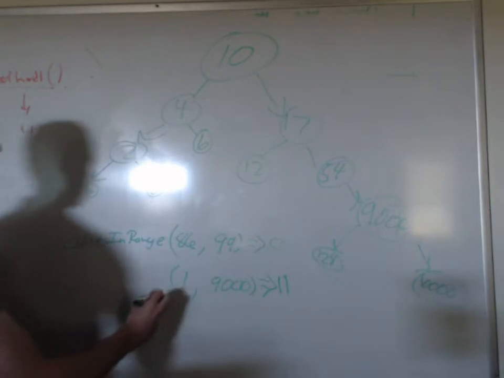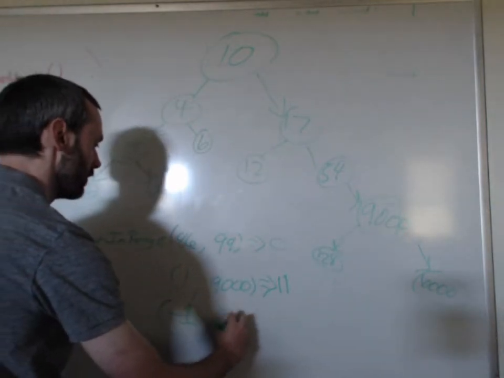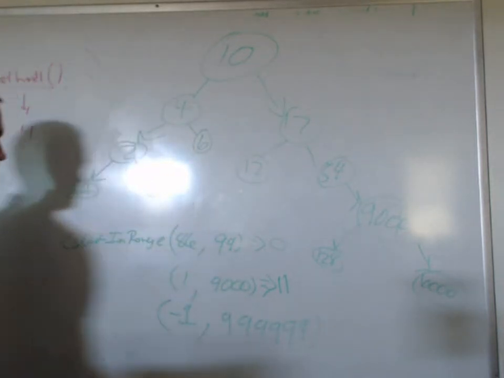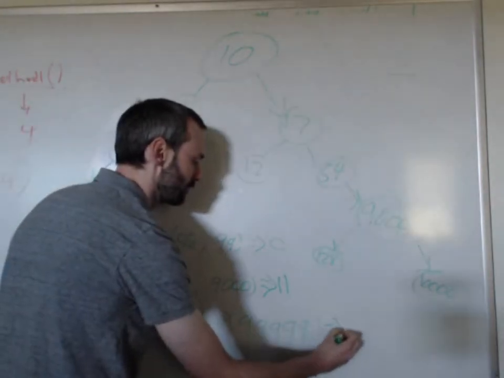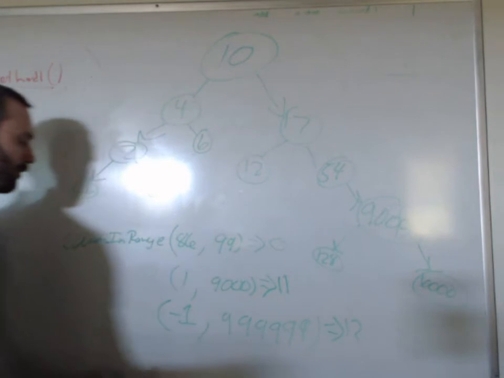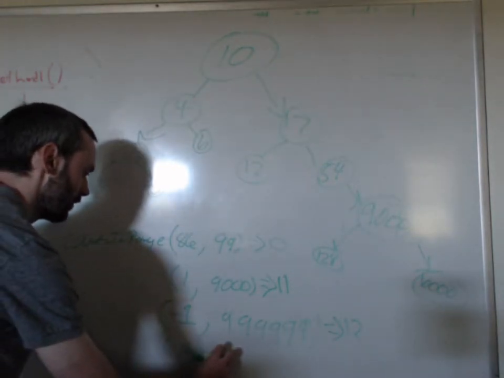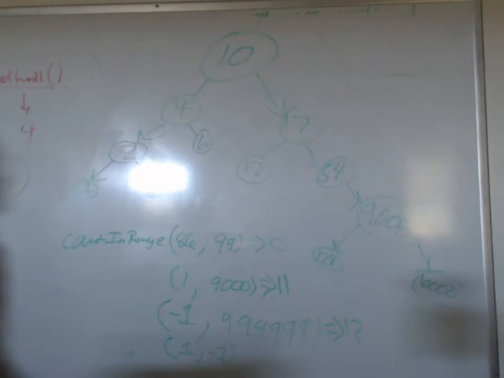You'll see what's happening. Obviously, I could also ask -1 and 9,999. 12. Sure, 12. And then your professor, of course, being the evil man he is, is going to pass 1 and -1. How many values do you get? 0? Right. Is that a valid range?